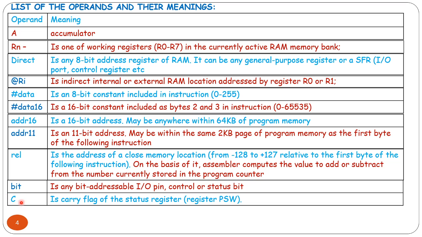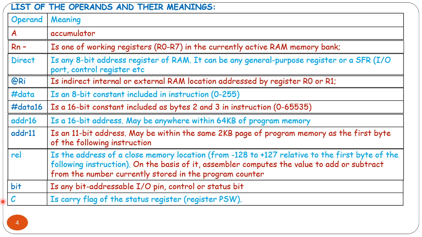If the operand is C, then it is the carry flag of the status register, that is the program status word register. So this PSW consists of 8 different flag bits.